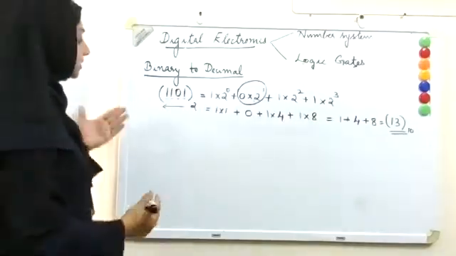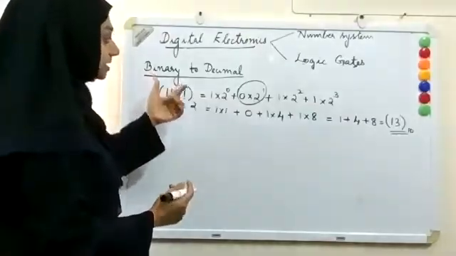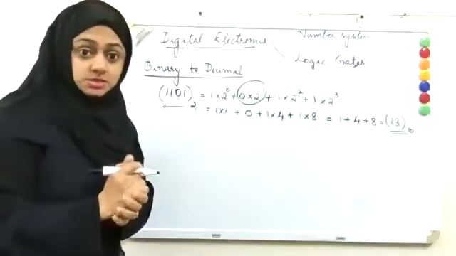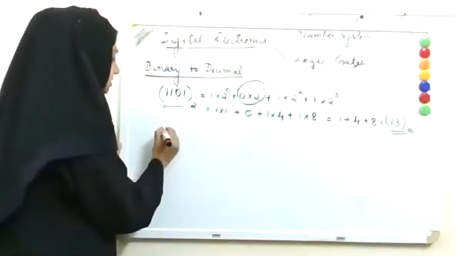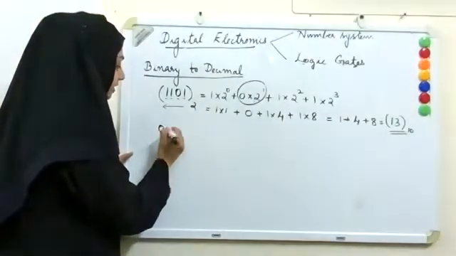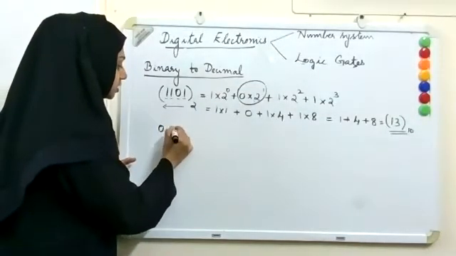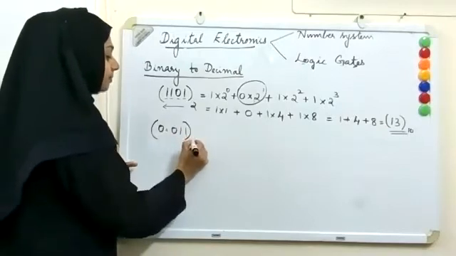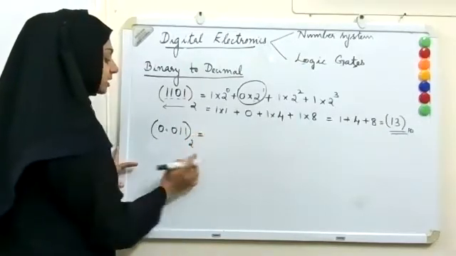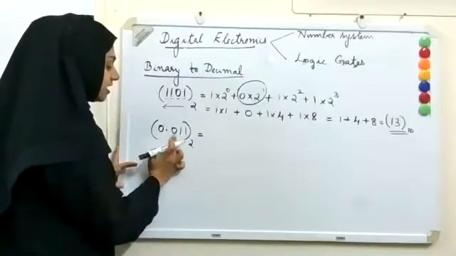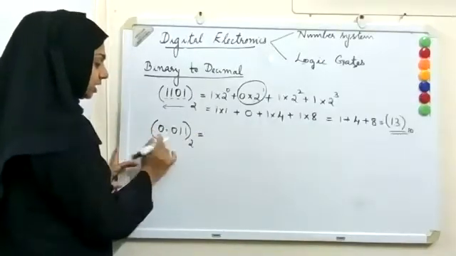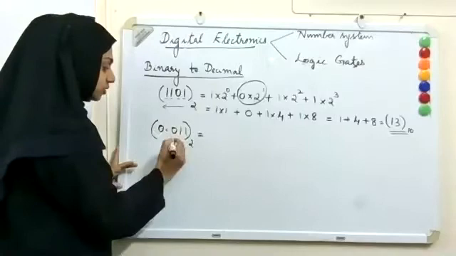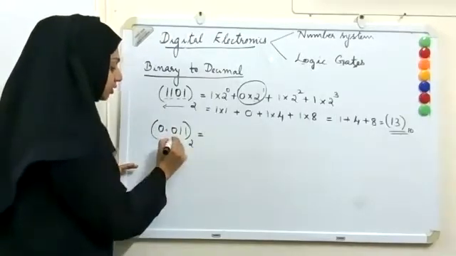Now let me consider a binary number with decimal places only. Let me consider the number 0.011. This is a binary number with base 2 having decimal places only. I'm not considering the 0 before the point.